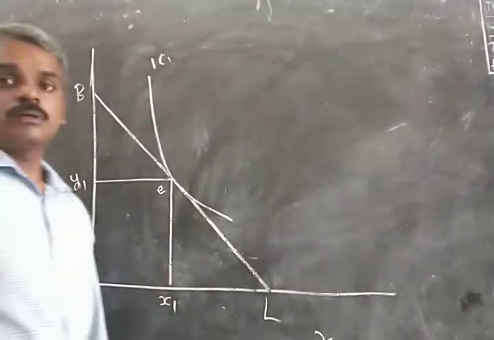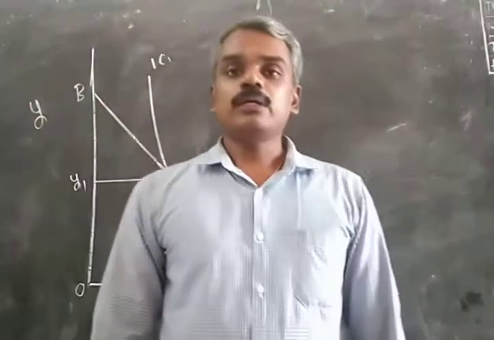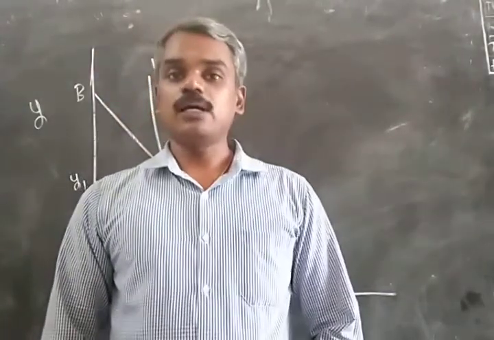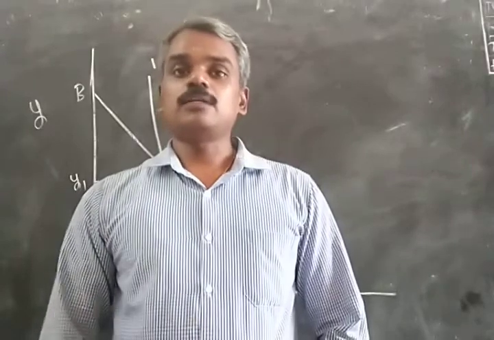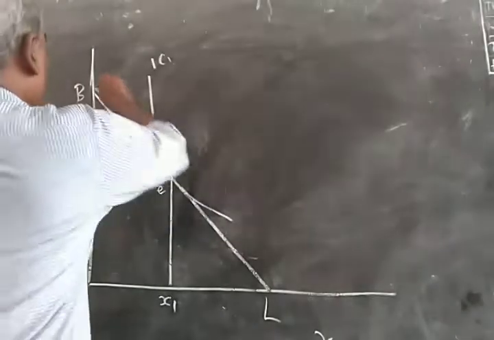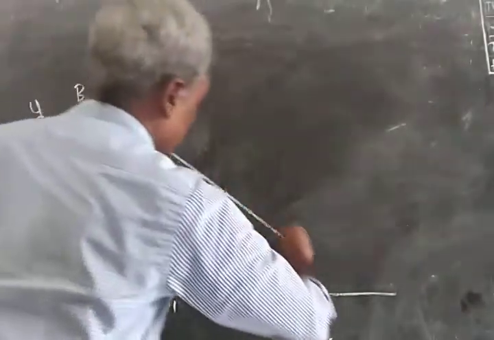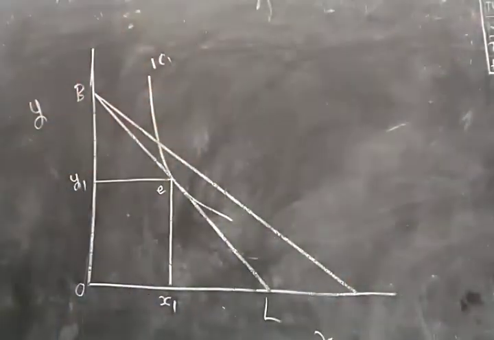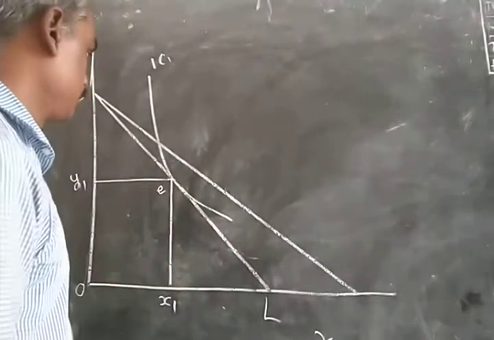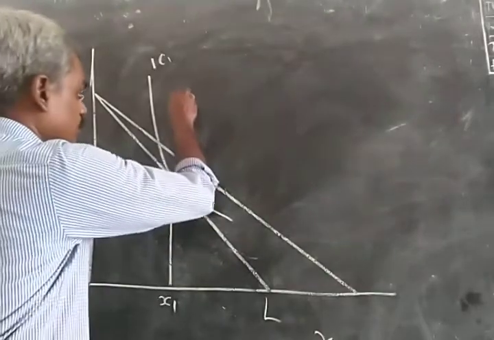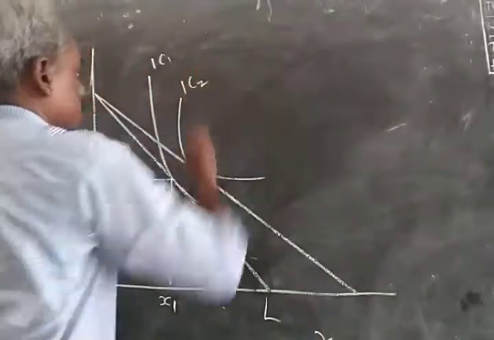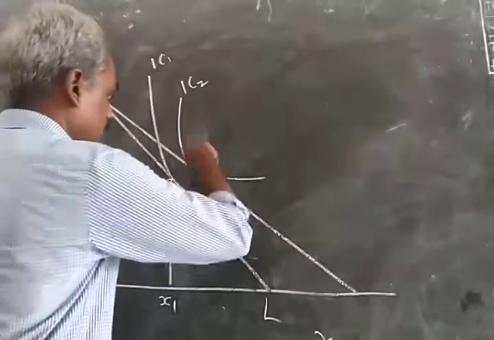Now, we are assuming a fall in the price of X, and we know that a fall in the price of X leads to a rightward rotation of the budget line because commodity X is measured on the horizontal axis. The new equilibrium of the consumer, given his preferences, will be given by point E1.